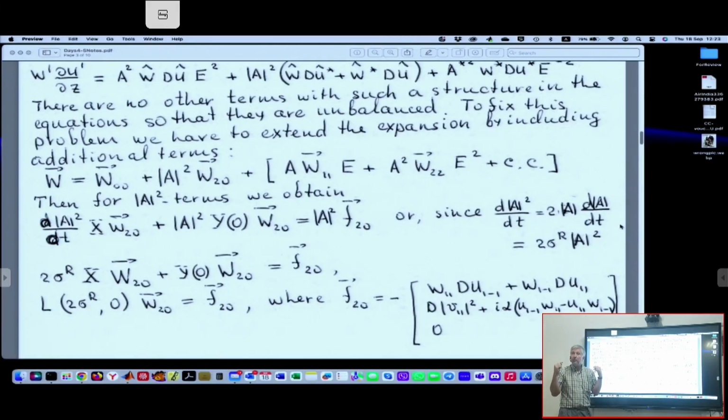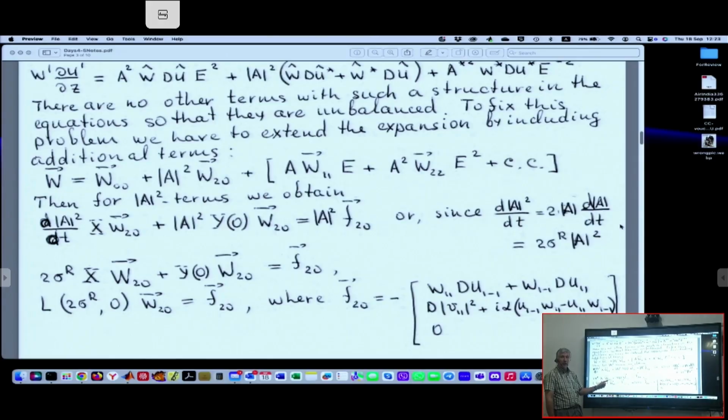Not sigma, but 2 sigma r. Okay? That's what I have. So my equation will become like that. Or if I recollect what I introduced as a substitution for the left-hand side here, I will get the same matrix Y, but evaluated at alpha equals 0. I will have the same matrix X, but multiplied by 2 sigma r rather than sigma.